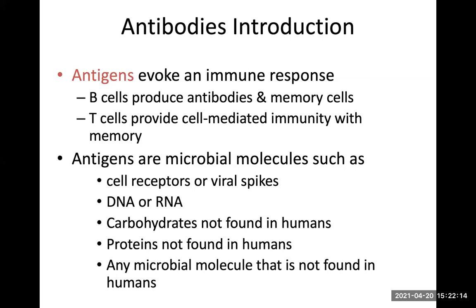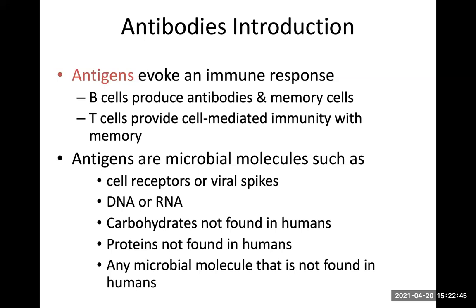And remember, antigens can be anything: cell receptors, viral spikes, DNA, RNA, because the DNA and RNA of pathogens will be different than our own nucleic acid. And we can distinguish between them. Carbohydrates that are not found in humans, such as peptidoglycan or chitin, if it's a fungi. Proteins not found in humans.